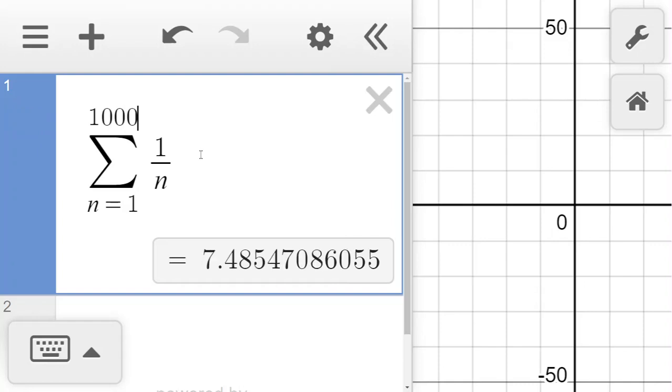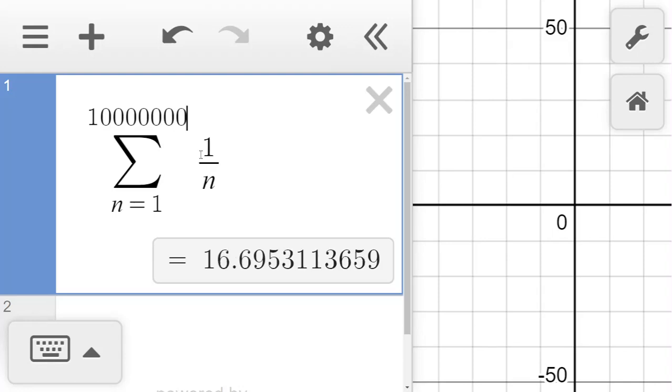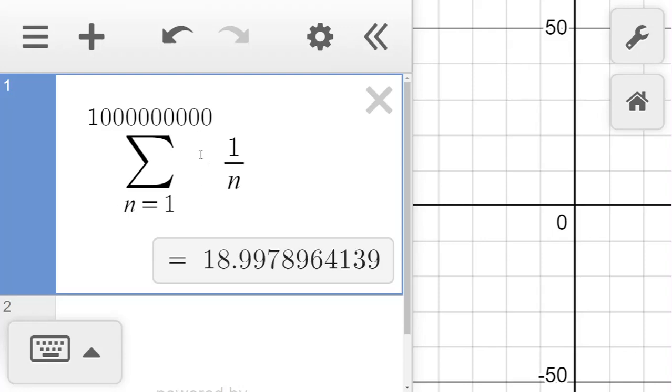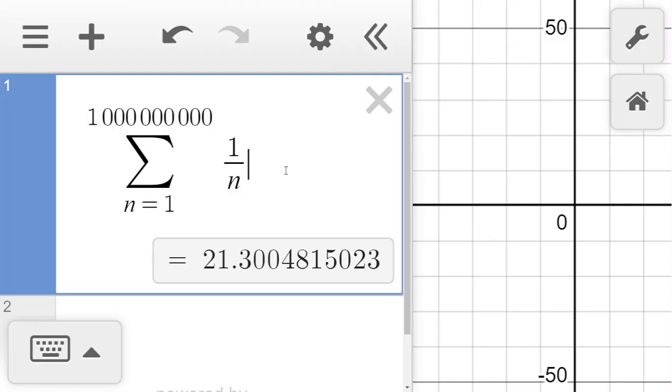100 terms, it's 5. 1000, 7.5, then 9, 12, 14, 16, 18. If I add a billion terms, after this point it's very slow, it only gets to 21. Imagine how many terms it would take to pass, for example, 100.